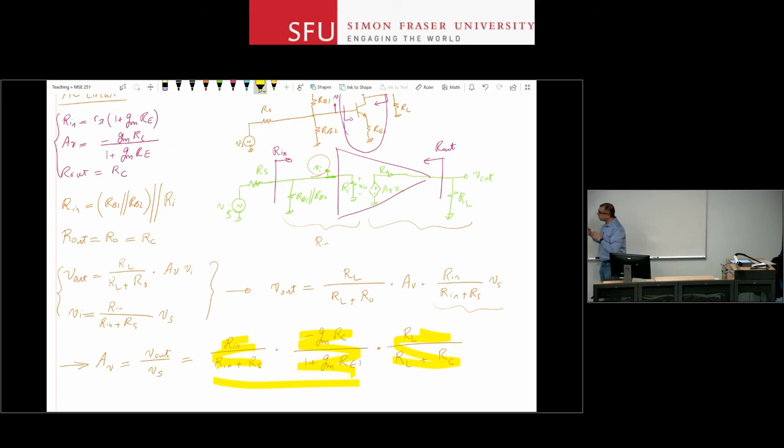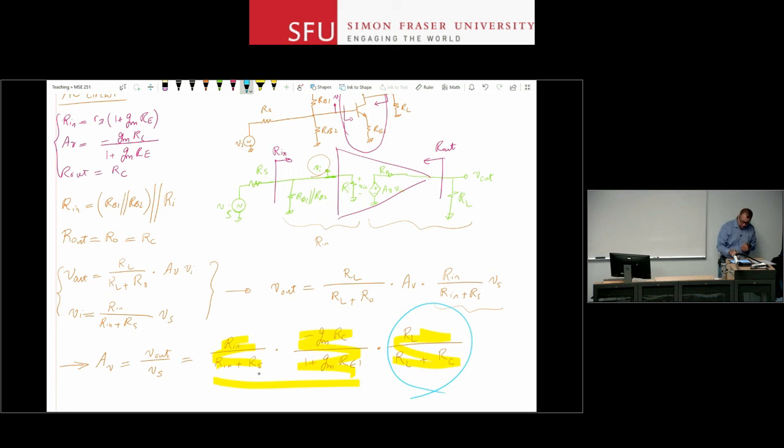Now here right away actually tells you something else. For a voltage amplifier, why did we want to have a zero output resistance? Well, here is the reason. Because if the output resistance of your amplifier was 0, this fraction would have been 1, right? And why do we want an infinite input resistance?